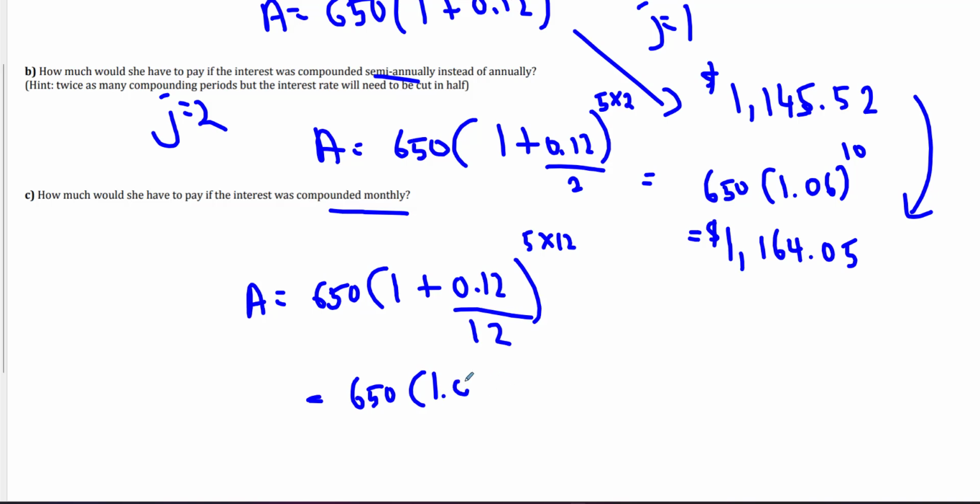So 1.01 to the power of 60, and that will give me my value. 0.12 divided by 12 plus 1, to the power of 60, times 650. And that will give me a value of $1,180.85. And that is how you do an example of compound interest.